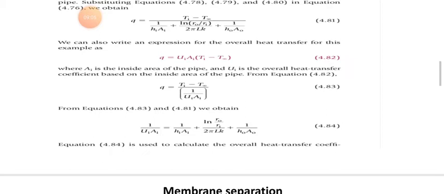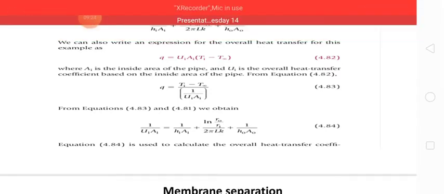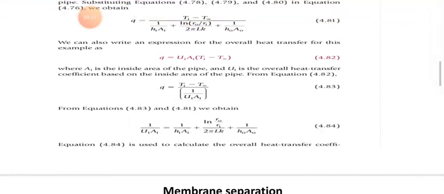Now if we compare both of these equations, that is 4.81 and 4.82, we can also write this equation as Q upon 1 upon UiAi, because it is the same thing. If you transfer it above, it is the same thing here.